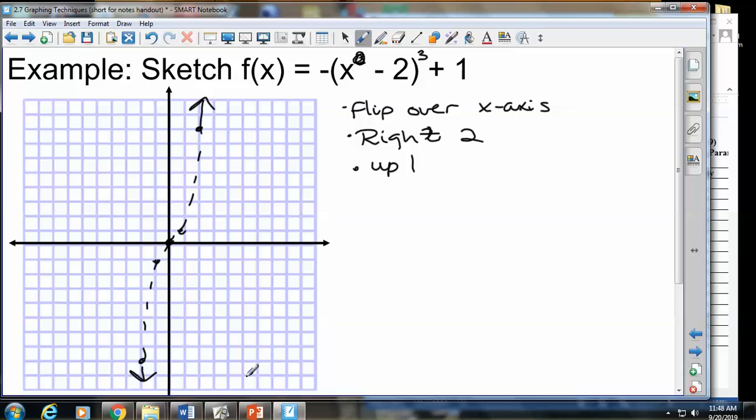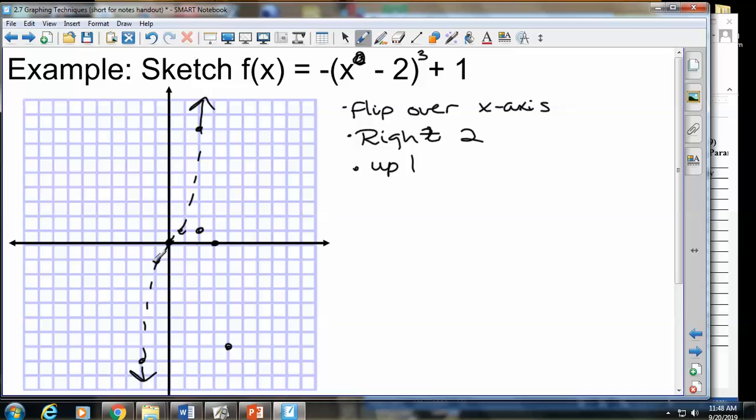You do need to make sure that you flip before you move up and down on these. So 0, 0, if I flip, doesn't go anywhere. Then right 2 up 1. 1, 1, if I flip, it moves down here. Then right 2 up 1. If you went to 2, 8 and you flip, it goes to 2, negative 8.